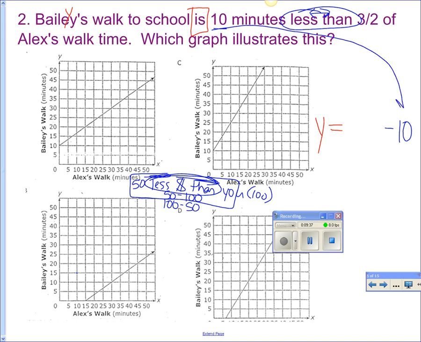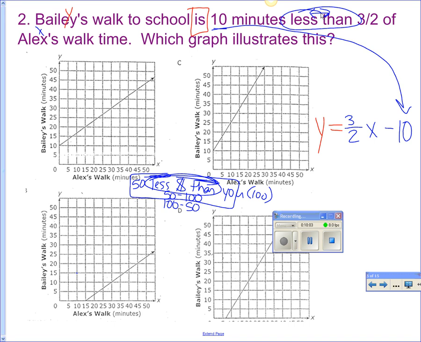So we're going to minus 10. All right, what other number did they give us? 3/2, yep, 3 over 2. And what needs to go beside 3 over 2? X, because it says 3/2 of Alex, okay? We'll do more of these, okay, so don't worry about them. We'll get used to them. All right.